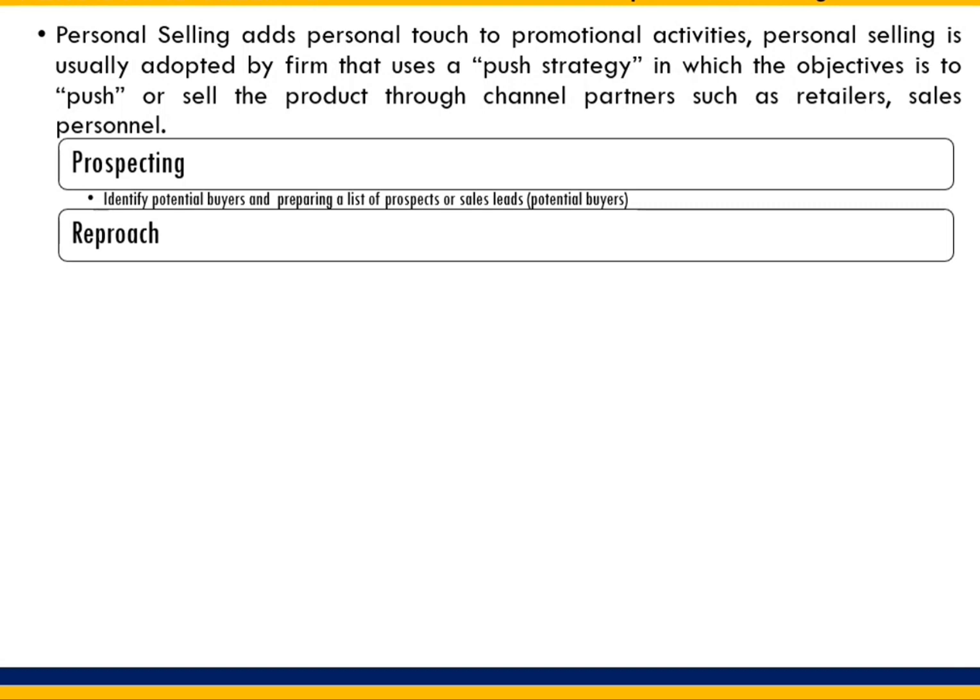You have to draft a plan as to how you will pitch and push for the sale. That quick plan, keeping in mind the profile of the customer, needs to be drafted. This process is called pre-approach.